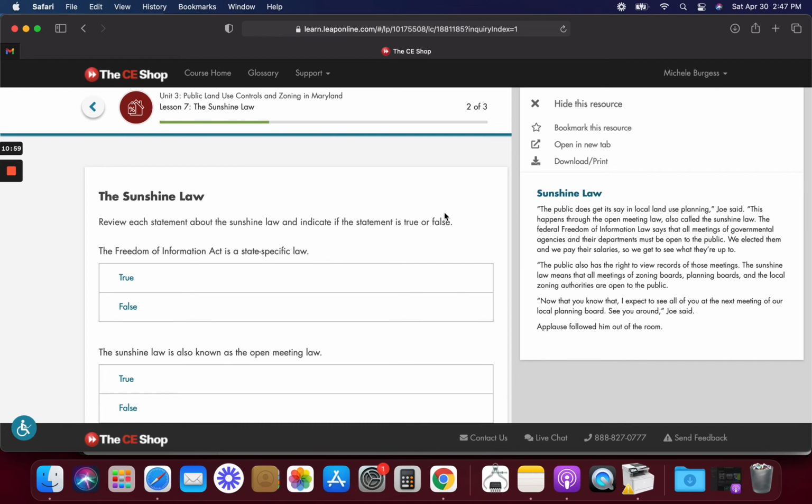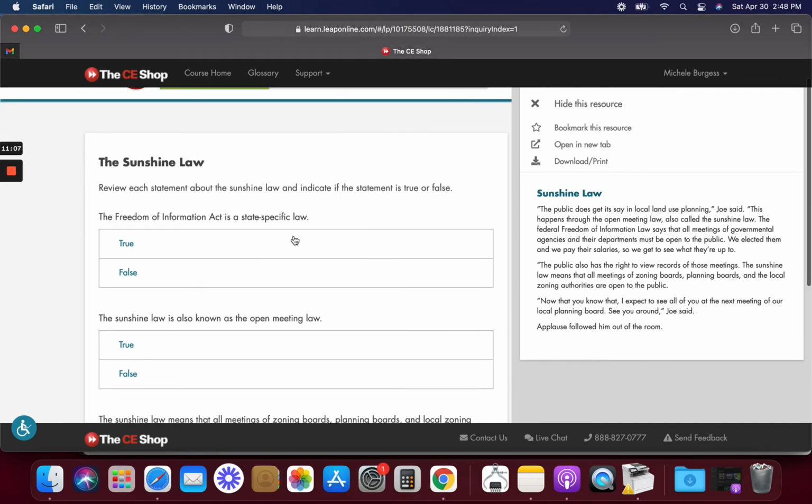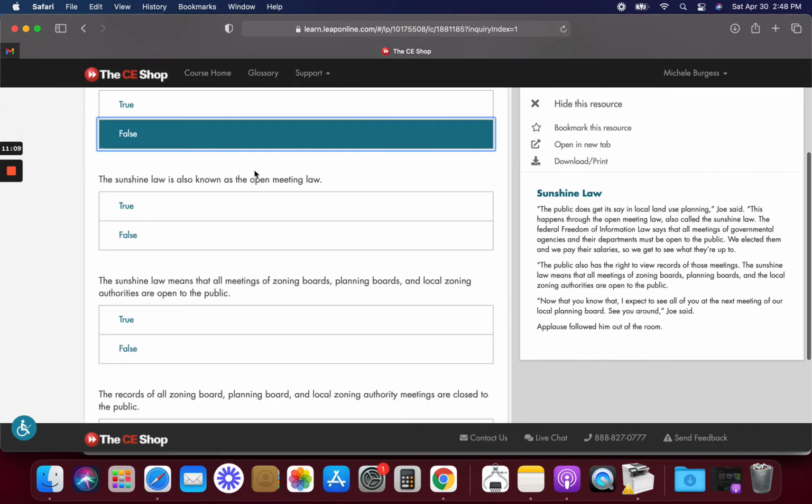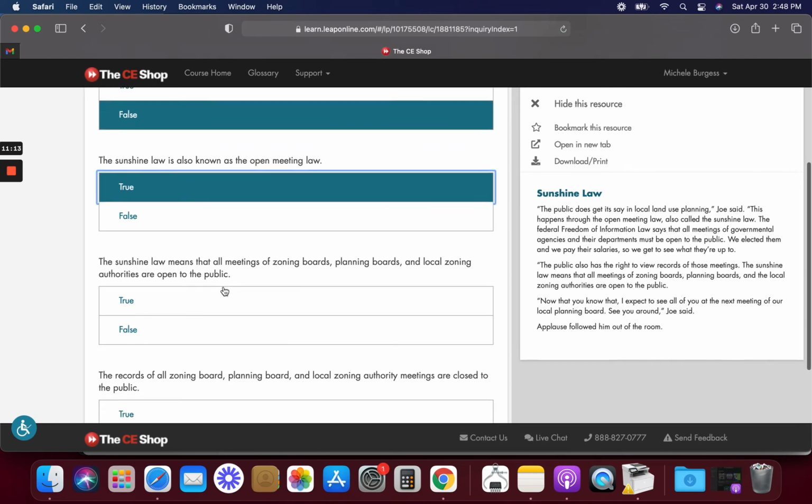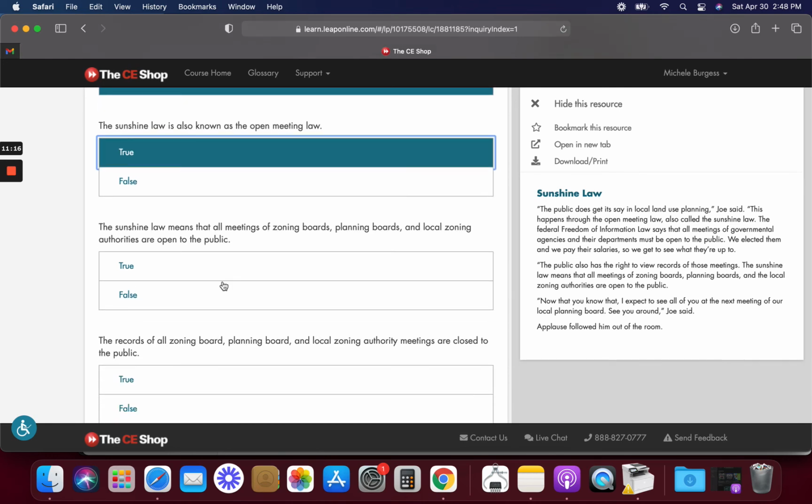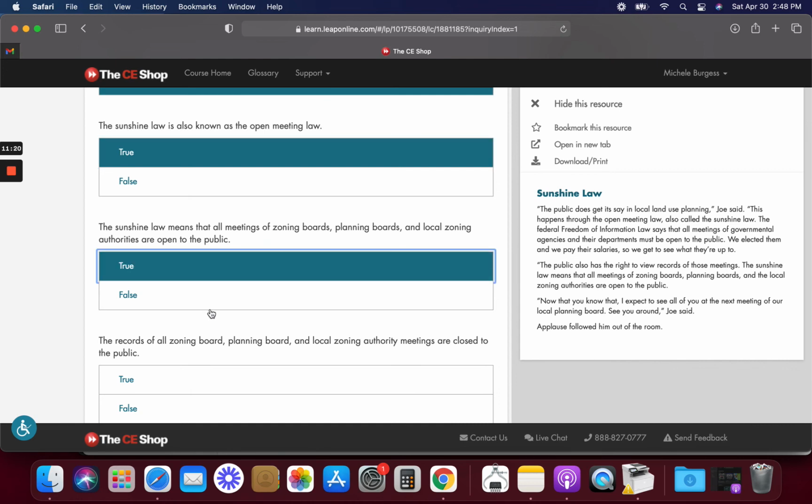And now that you know that, I expect to see you all at the next meeting of our local planning board. The Freedom of Information Act is a specific state law. The Sunshine Law is also known as the Open Meeting Law. The Sunshine Laws mean that all meetings of zoning boards, planning boards, local authorities are open to the public.